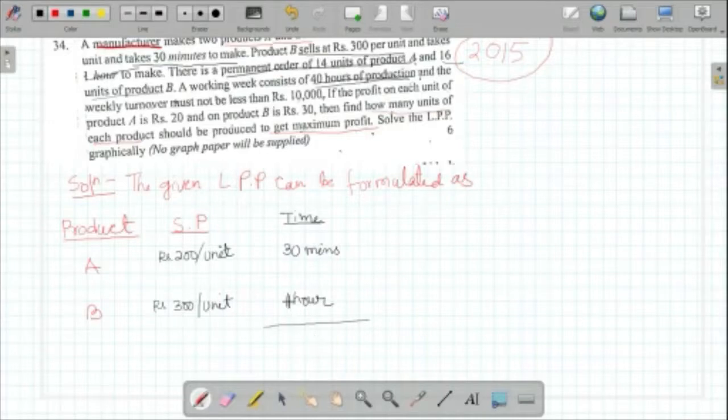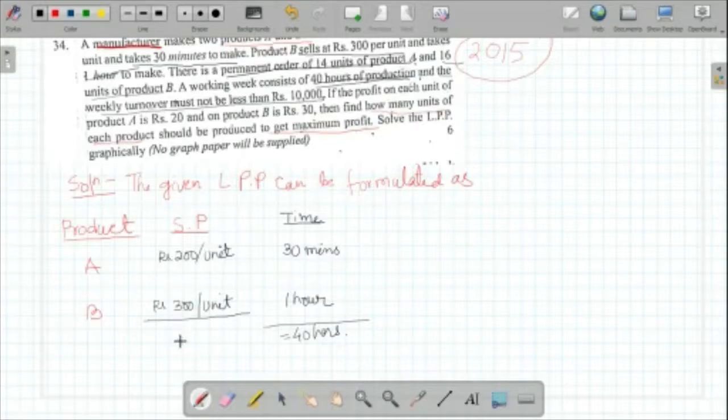Okay, it should be 30 hours, so the total time consumed should be 40 hours. And the turnover should not be less than 10,000. Turnover, that is the selling price, should not be less than 10,000.